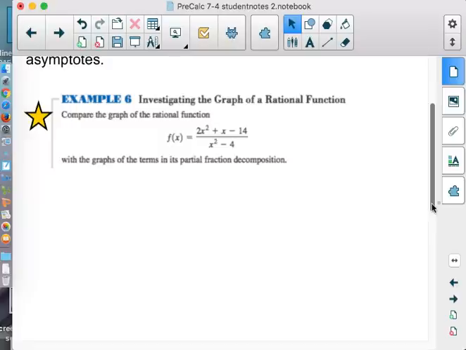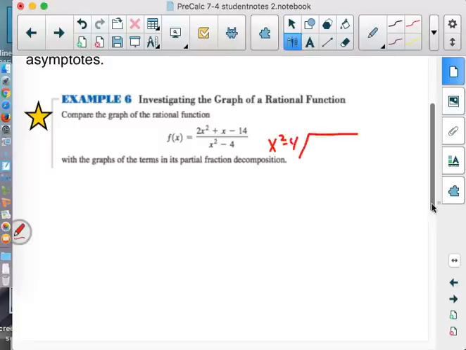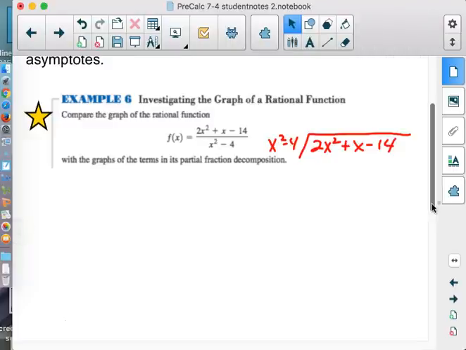And when we graph, remember that we can find the behavior of the graph as it approaches 0 if we actually do the division. So this is division, so that we can see how this graph is going to behave as x approaches 0. So we look at it and we say, how do I get x squared to be 2x squared?